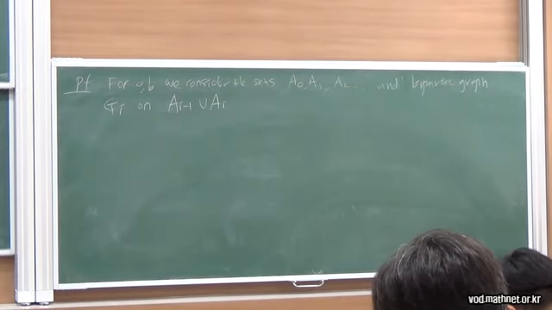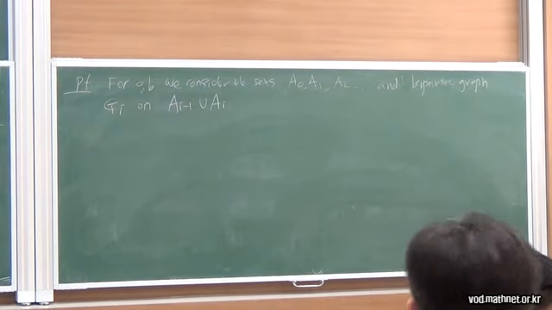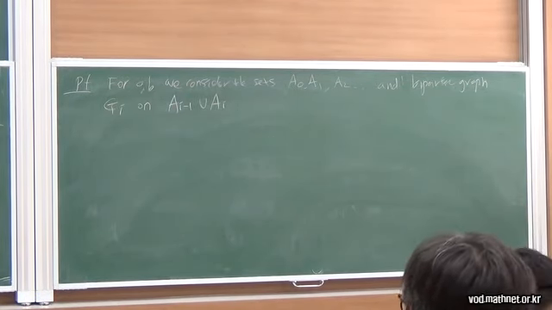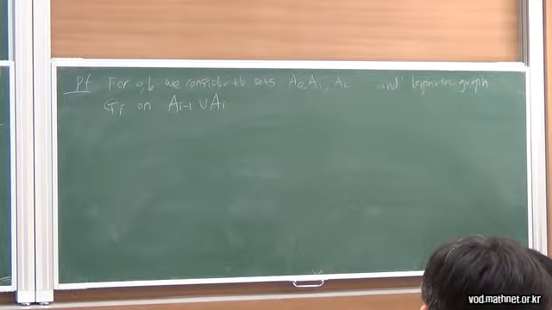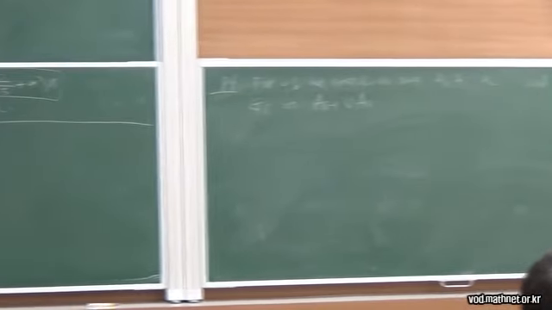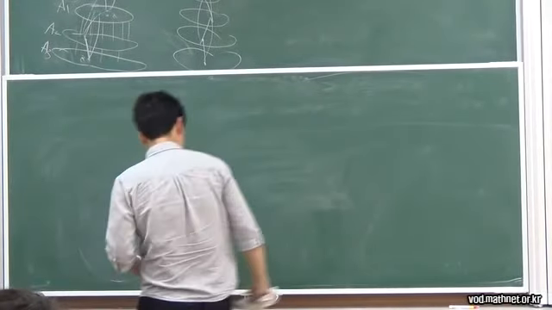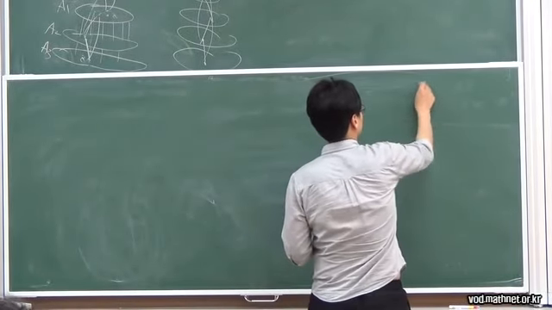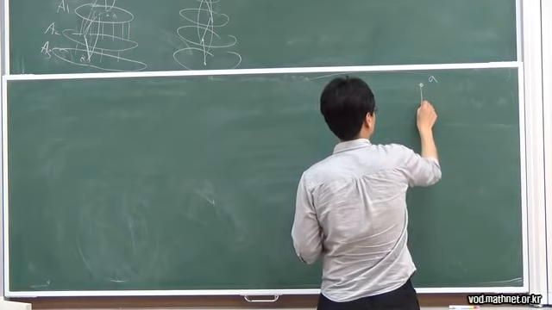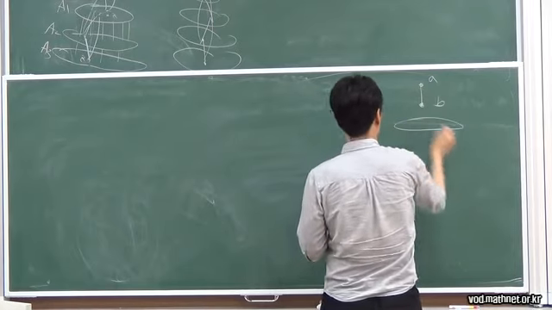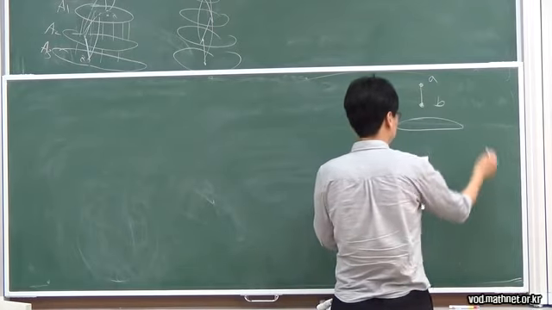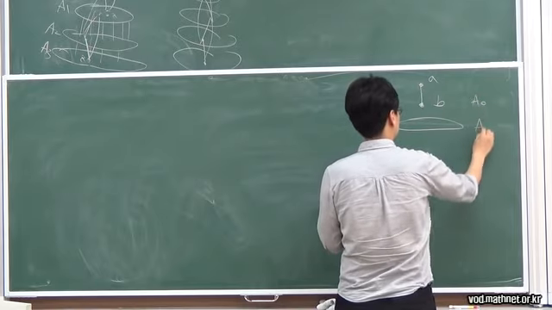So maybe some picture would help. So we have A, we have B. Let's say this is A0, A1.